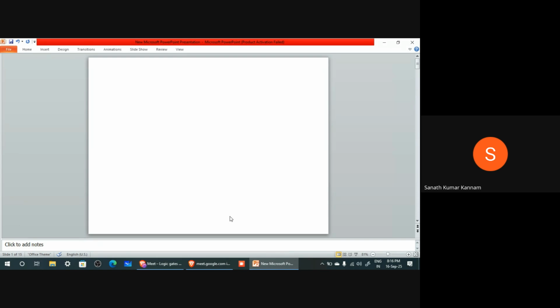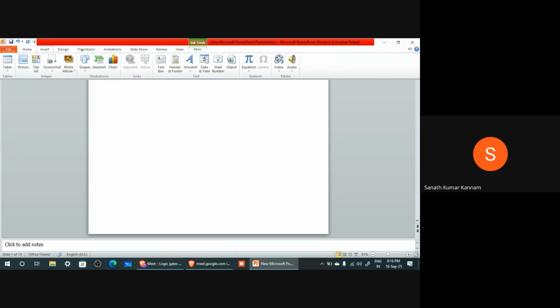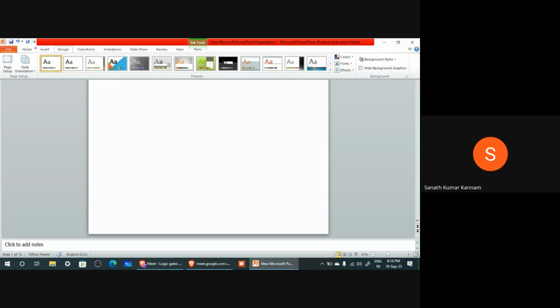So what we are discussing is logic gates. We already saw the AND gate. Next, if I want to draw the OR gate, this is the symbol.